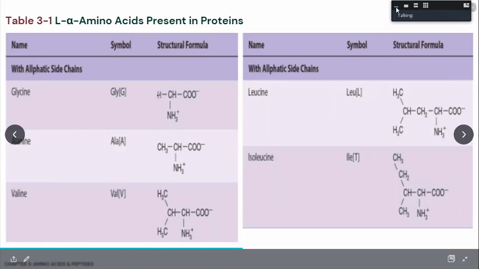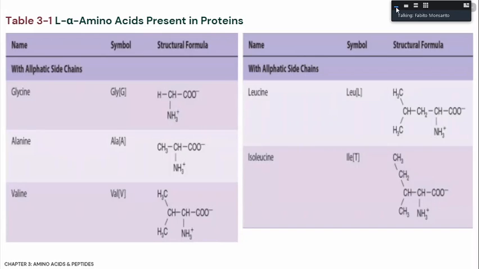So this is supposed to be what we call here the R group, as shown here. Look at that, there's a methyl group here. Or this one, you have a very big R group there. This one also, a very big R group. So glycine has no R group.